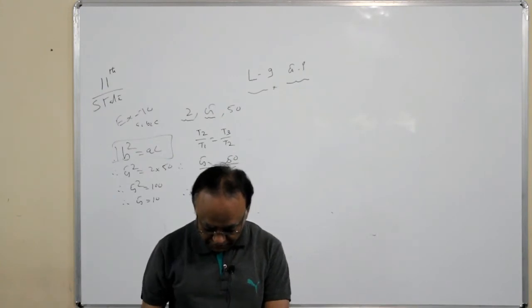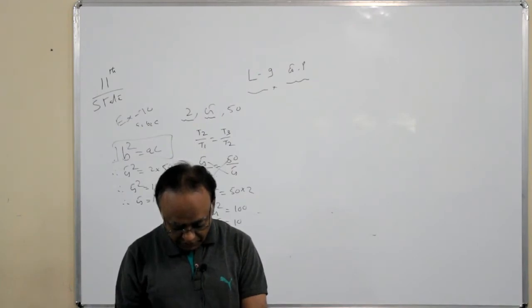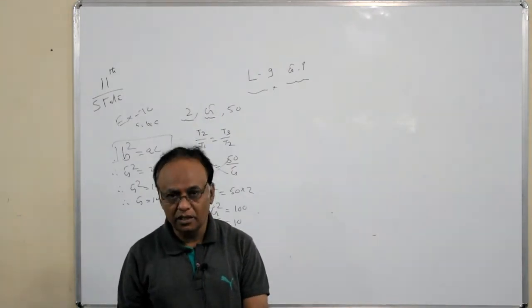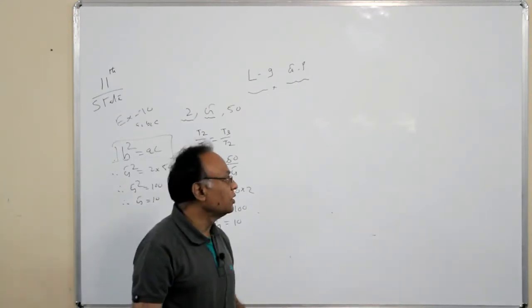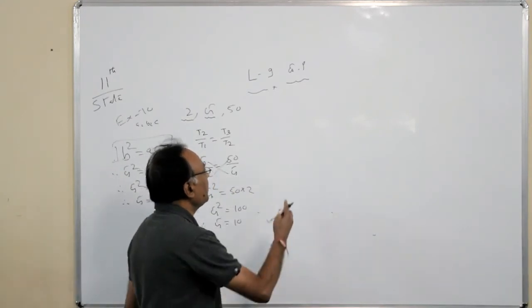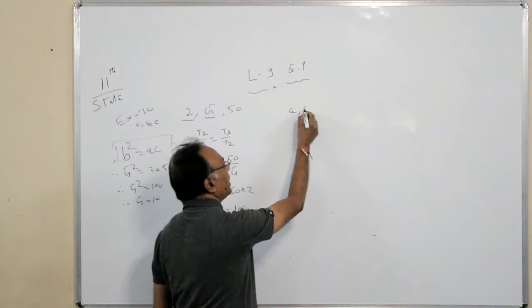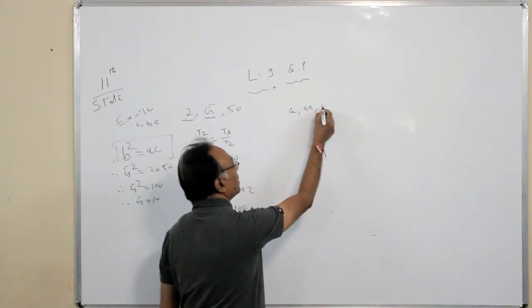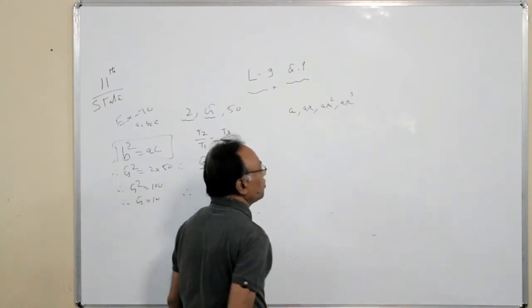Here 4 terms are given, A, B, C, D. It means we want to find out T1, then T2, then T3 and then T4. If the series is in GP, then A, then AR, then AR square and AR cube.